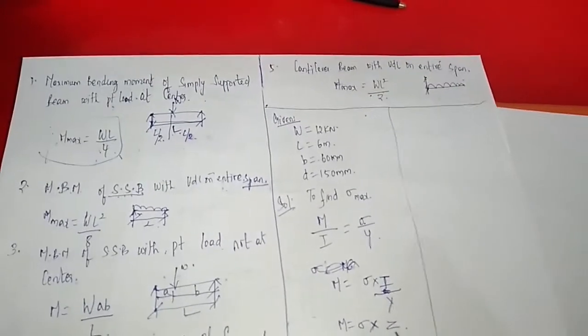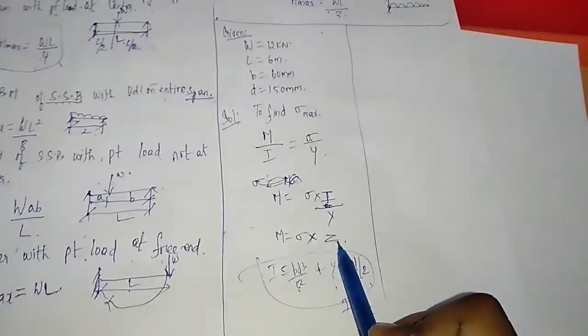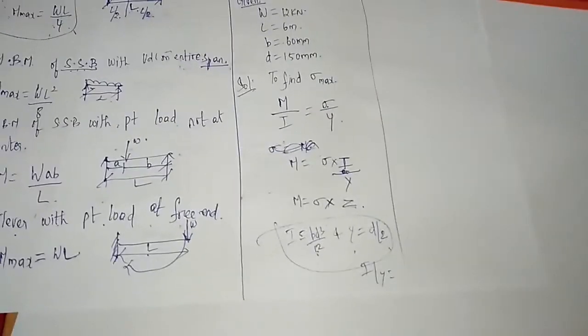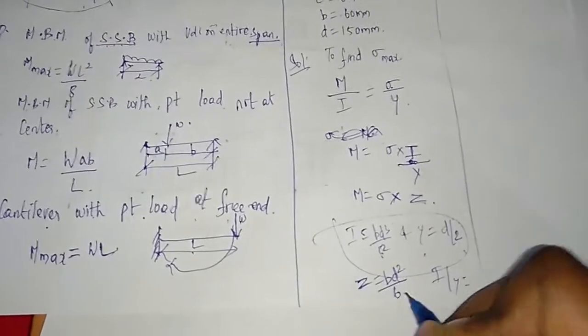Another method is, modulus of section we have already derived, right? Modulus of section for rectangular section for centroidal point load. So that is Z is equal to BD square by 6. How is it BD square by 6?